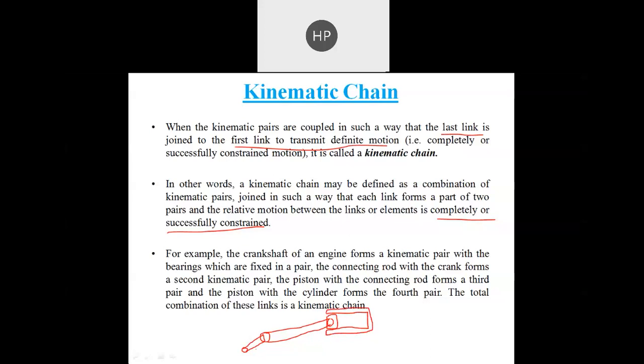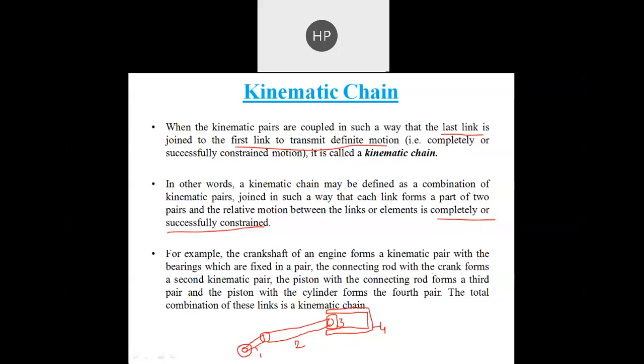So this is element number 1, this is element number 2, this piston is element number 3, and this cylinder is element 4. The crankshaft of an engine forms a kinematic pair with the bearing, which is a fixed pair. So this is the crankshaft, which is connected here with the bearing. So it is the fixed pair.